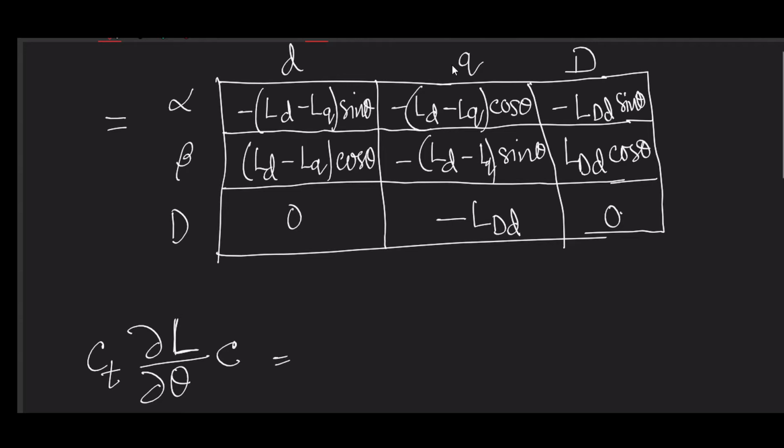I'm not writing term by term. You can figure out this is C transpose and this one is del L del theta C. Means these will come here and pre-multiplied by C transpose. So that will result something very interesting.